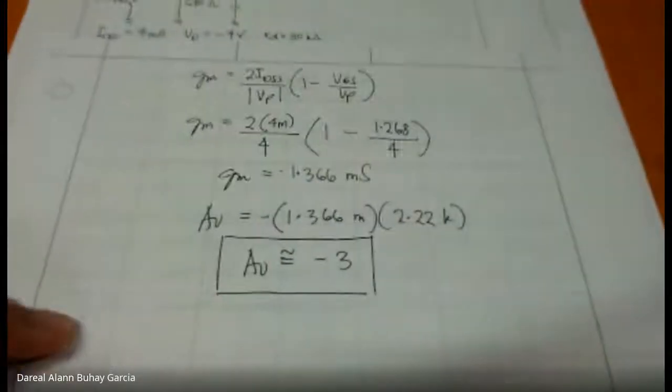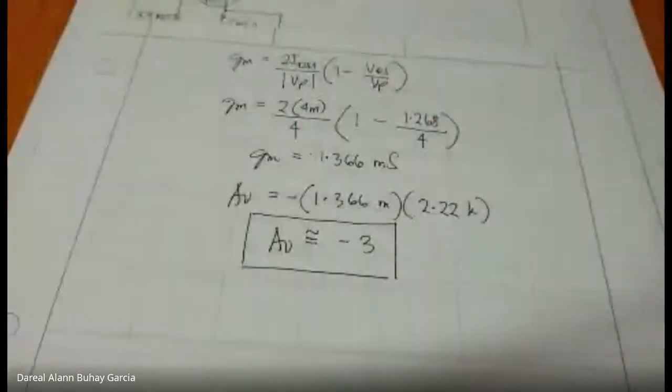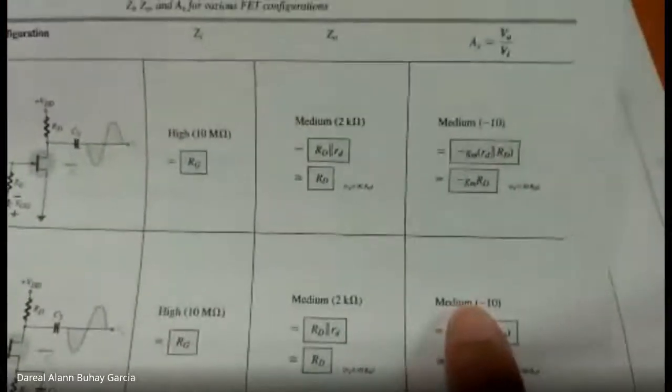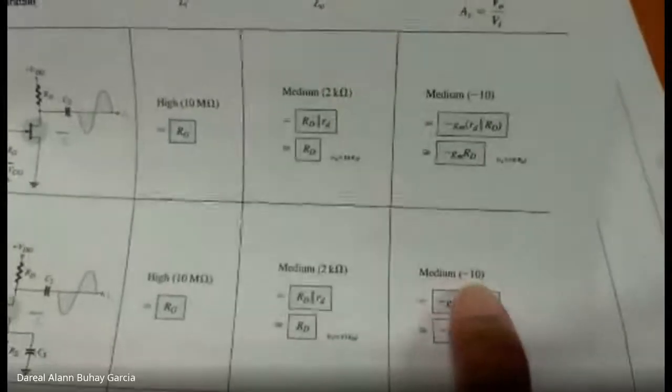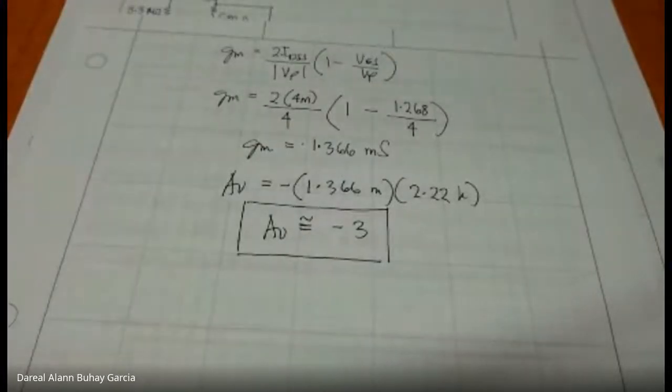Okay. Questions? Does it conform to our guess? Our self-bias JFET has a medium range voltage gain, so I guessed around negative 10. Our answer is negative 3, close enough.